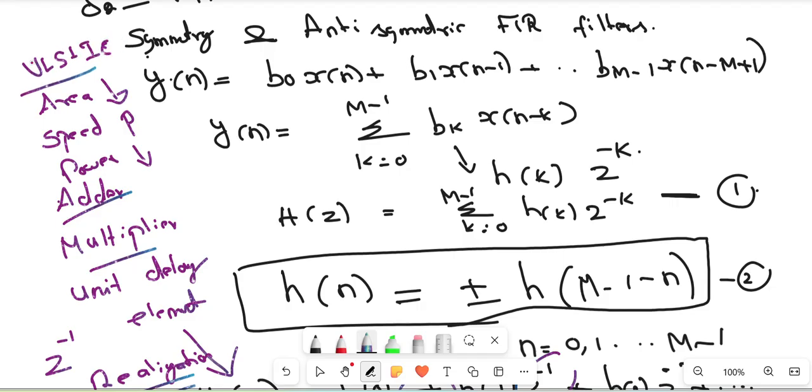Next semester we will study VLSI design, IC design: with high speed, low power, and minimized area, how to design an efficient adder and multiplier. Because FIR filter design requires these mathematical backgrounds, how to design a particular pass band, band pass, low pass, or high pass filter, and finally the hardware realization with respect to these optimization parameters. Next session we will discuss the FIR design using the window method. Thank you.